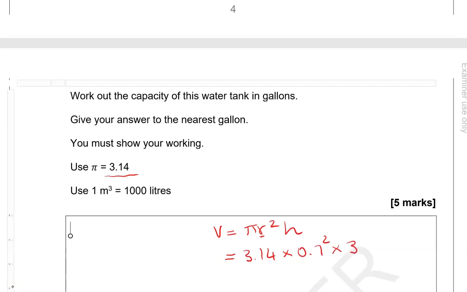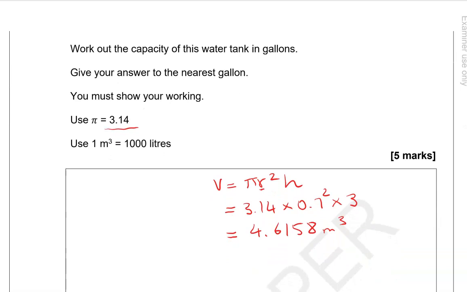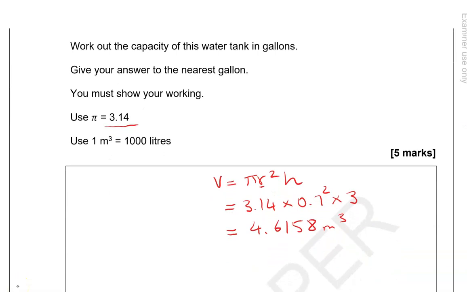So multiplying all of these together using a calculator gives us 4.6158 cubic meters. Now we've got the volume, we need to use that to work out the capacity in liters.